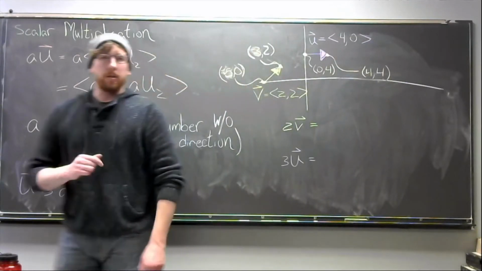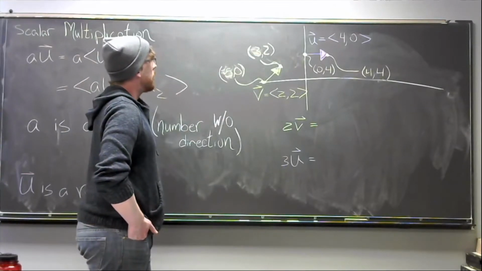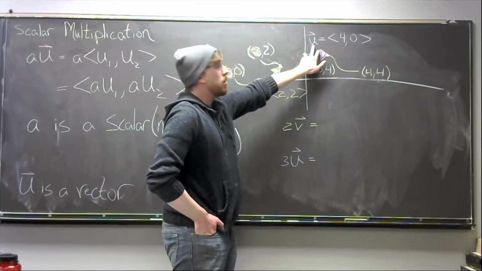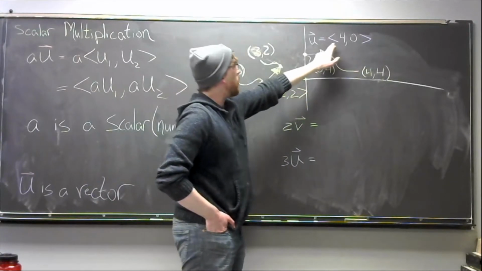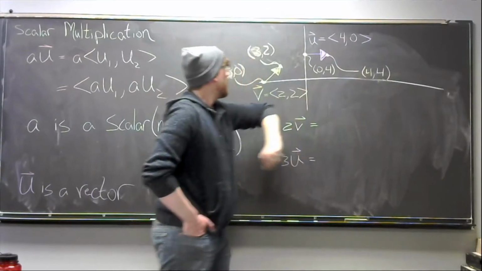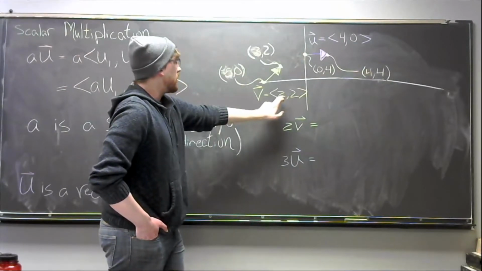So let's look at this. We've got two different vectors here. We've got the vector u, which in component form is the vector 4, 0. And we have the vector v, which in component form is the vector 2, 2.